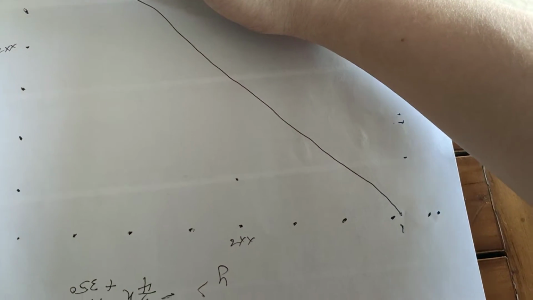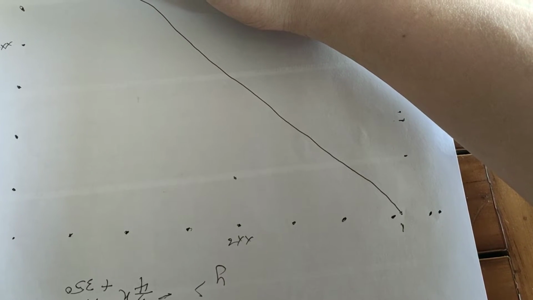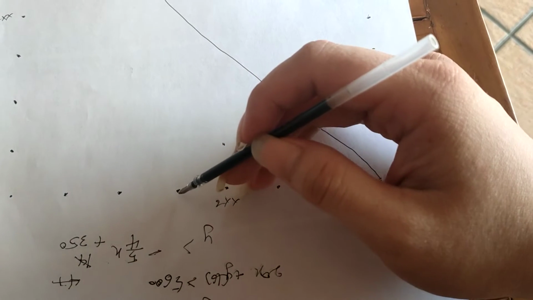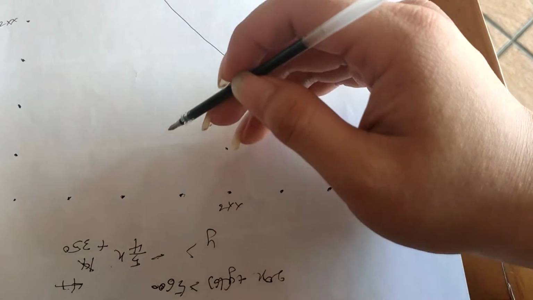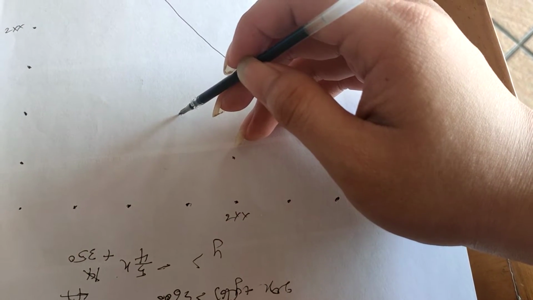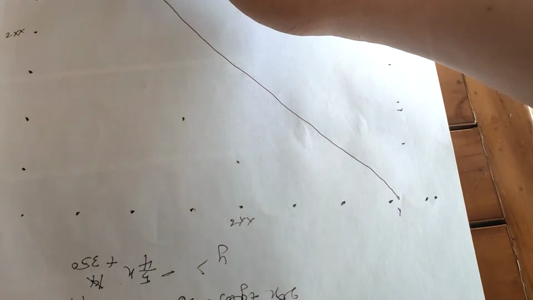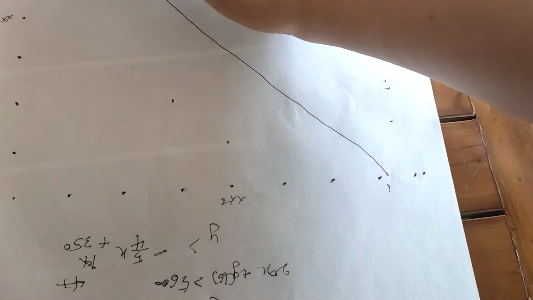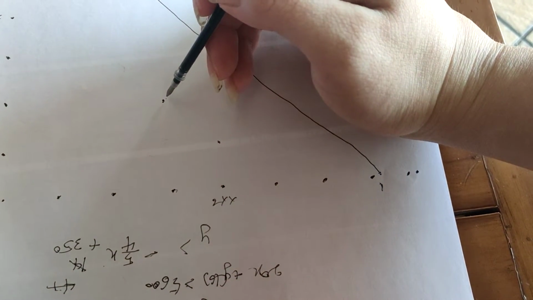So 350 go down 5 is 100, and only needs 4. So it's around here. 7 minus 5 is 2, so all the way to here.